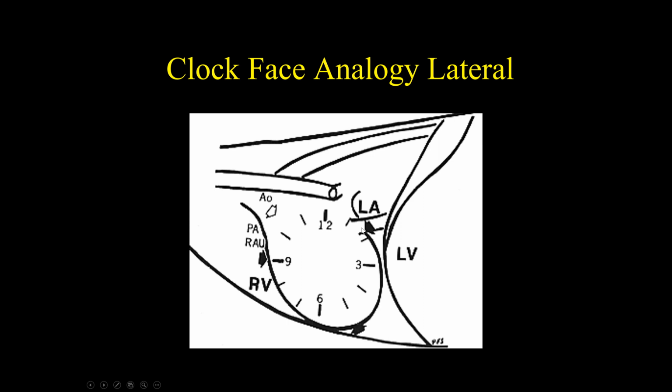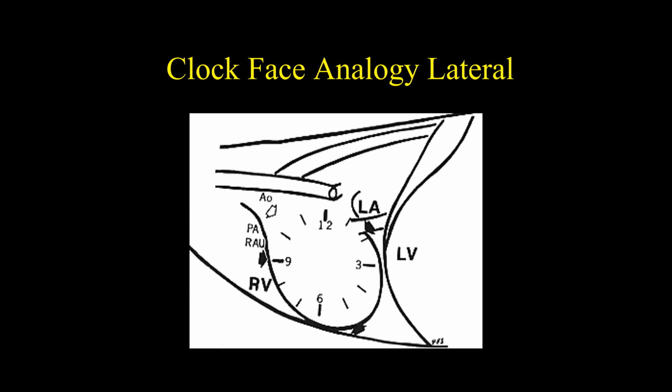From about the 2 o'clock position all the way down to probably 6 o'clock, all of this area right in here is where the left ventricle lives. Then from about 6 o'clock over to about 9 or maybe 9:30 or 10, all of this area over here, I simplified and I just call it the right heart.